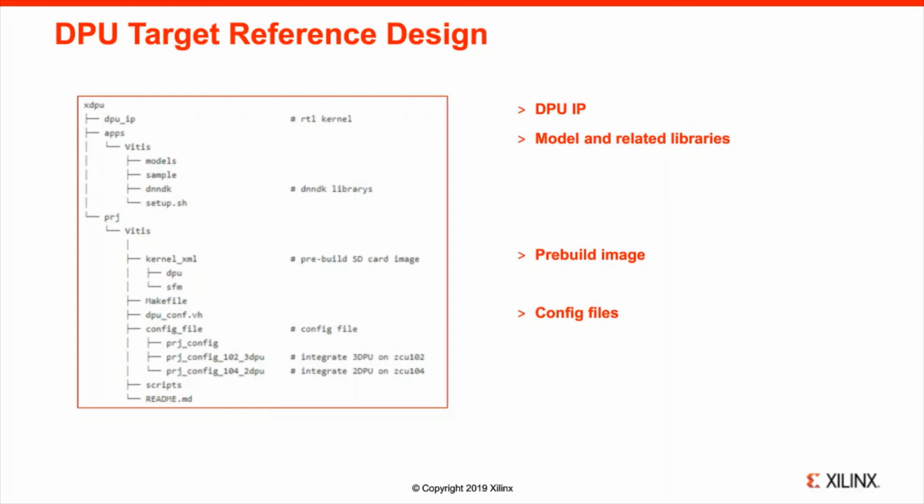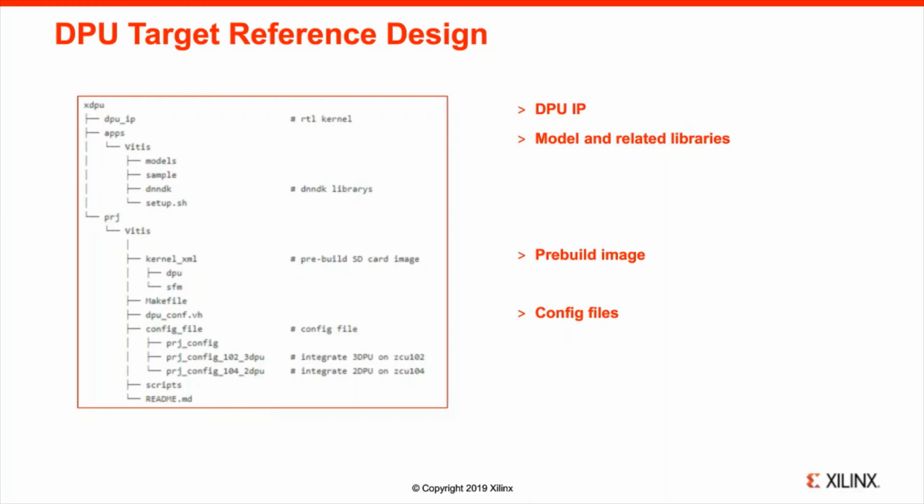The TRD architecture is shown in the left figure. The RTL kernel is the most essential part here. The apps are some models and related libraries which are applied after the integration is done, and are used to quickly validate whether the IP has been integrated correctly.